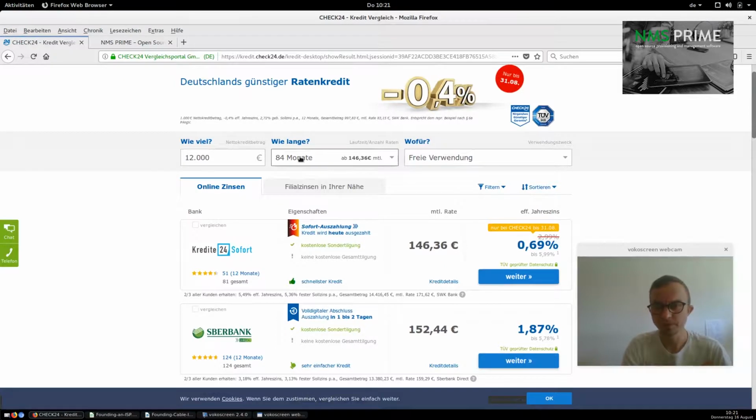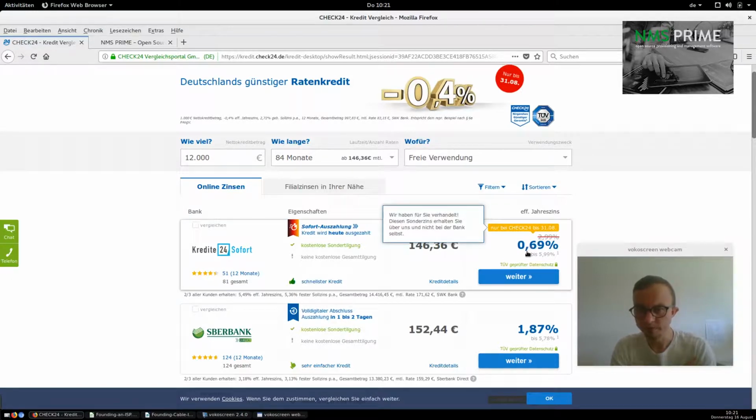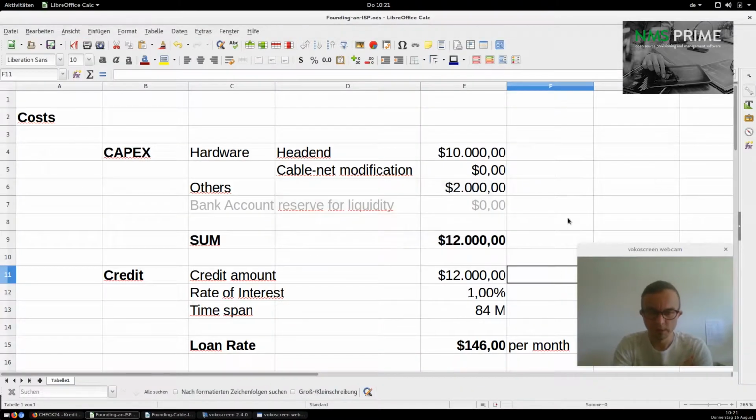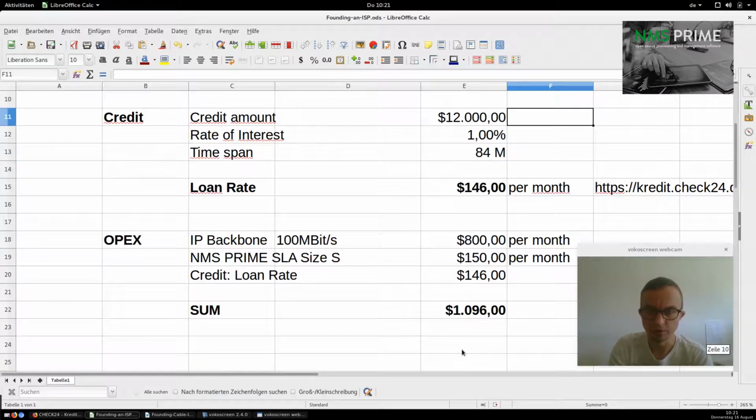We want to have the credit for 84 months, and it's just free usage. It's German language, and here we see we've got 0.7% rate of interest, and this means per month we have to pay back about $150. So that's it. I still put these calculations inside, and now we are at the OPEX part.